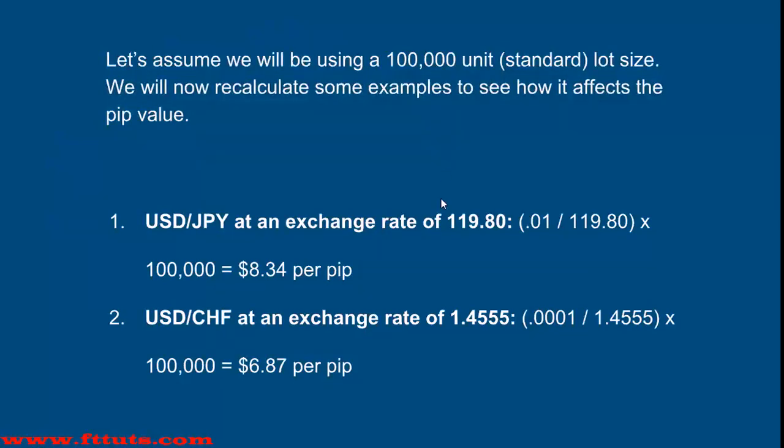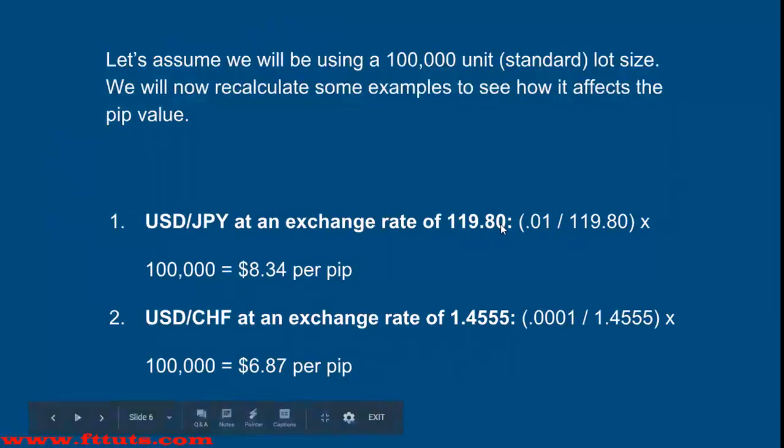So this right here would be your mathematical formula for understanding the pip value. And not all pip values are the same. The Swiss franc pairs actually pay the least, and gold, Japanese yen and pound pairs are going to pay the most. So let's say the exchange rate is 119.80.